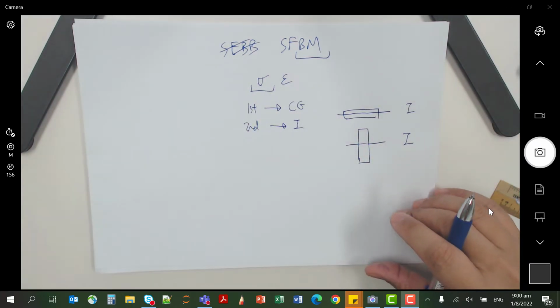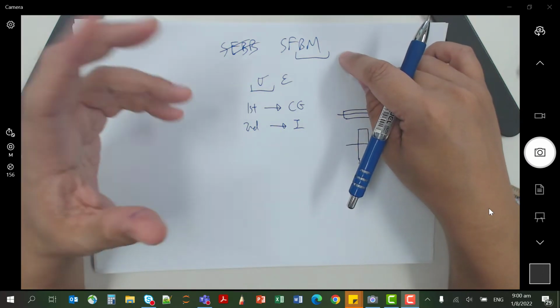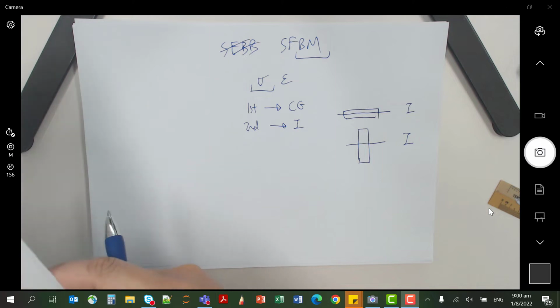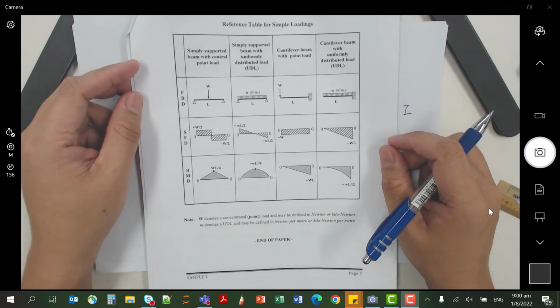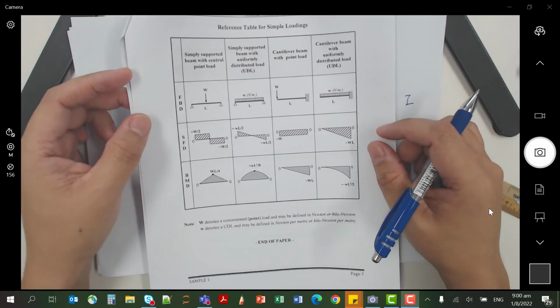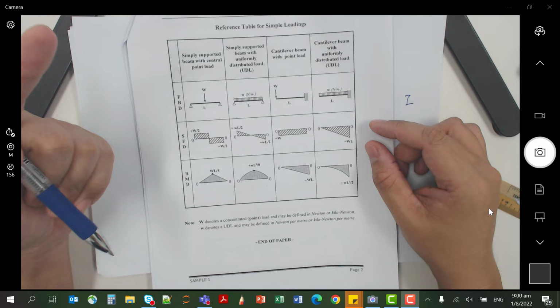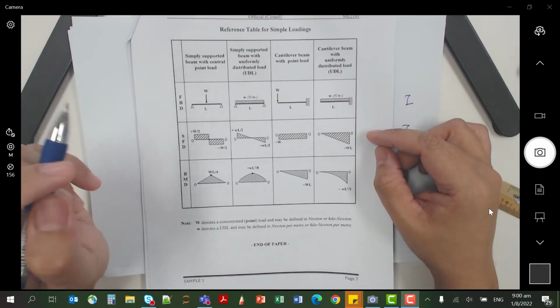To help you avoid the situation where you have to find the SFBM all over again, the exam papers will give you this reference table to immediately find the maximum moment. You have to be able to identify what kind of problem it is in the first place.